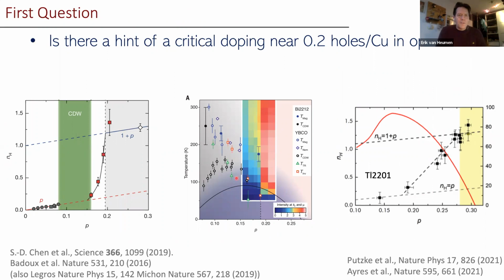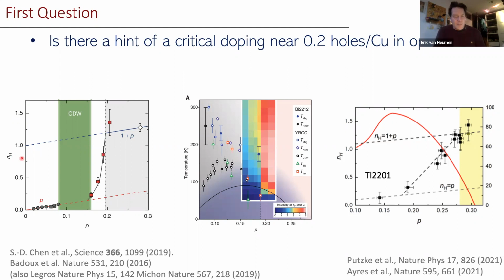And the first question is shown here. So in 2016, it was reported that if you look at the carrier density obtained from Hall experiments, where you take a cuprate and put it in a magnetic field and then measure the transverse voltage that develops, the Hall voltage, you can essentially, the claim is, extract the carrier density from its doping dependence.